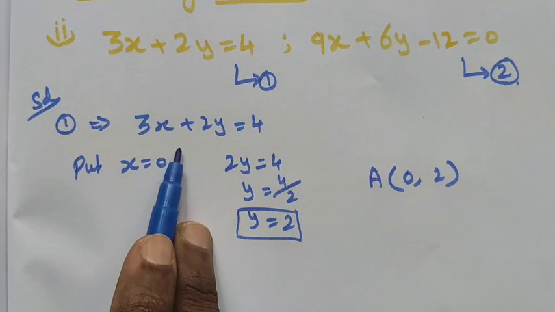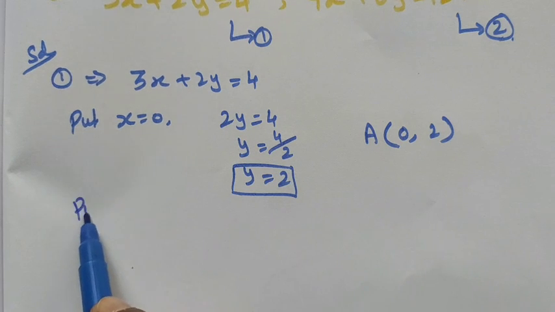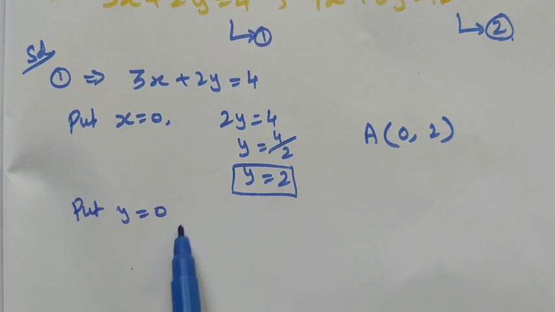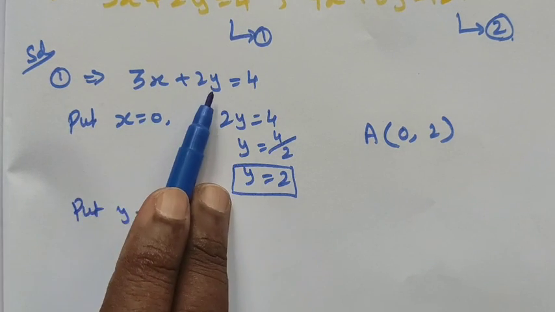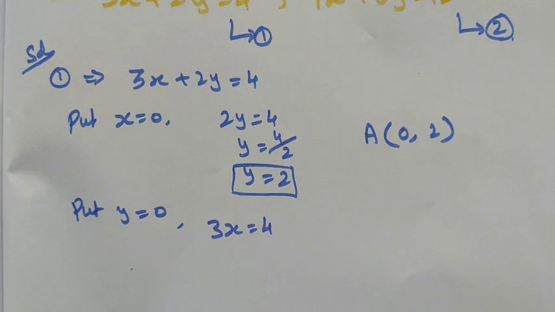Now for the same equation we put the value y is equal to 0 to find another ordered pair. If you put y is equal to 0, we get 3x is equal to 4. Then x is equal to 4 by 3.